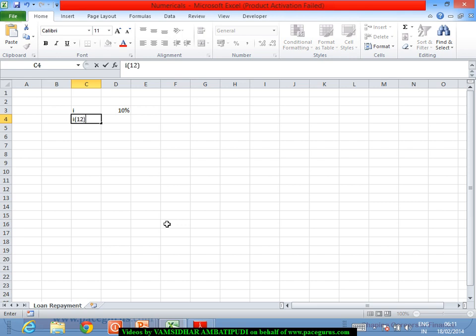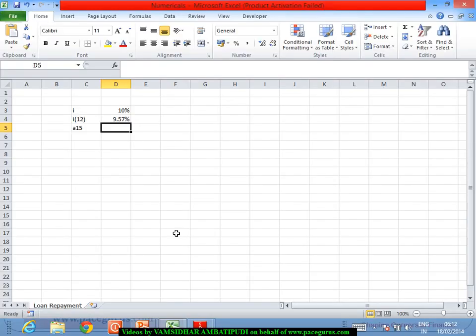I can find i(12) now, which is nothing but 12 times (1 plus i) to the power 1/12 minus 1. Alright, so my i(12), which is the nominal rate per annum convertible monthly, is going to be 9.57%.